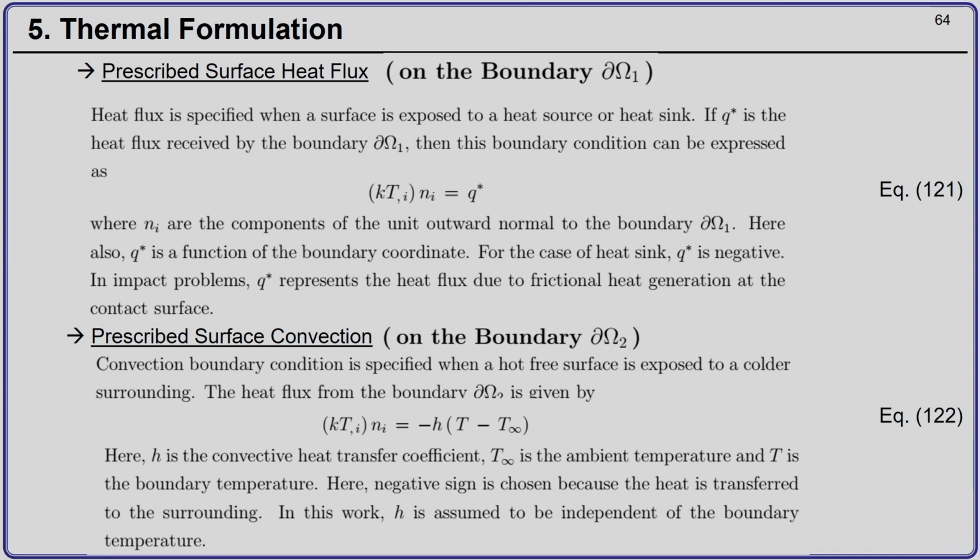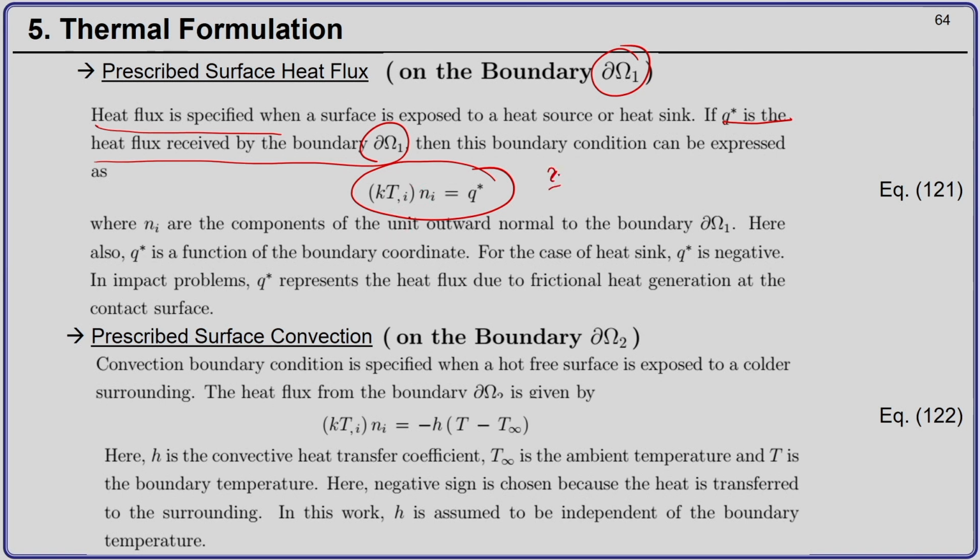Now, at a certain part of the boundary del omega 1, there will be heat which is coming inside the body. So, heat flux Q star is received on the boundary del omega 1, and this is specified by the following condition: k del T by del x into n i equals Q star.